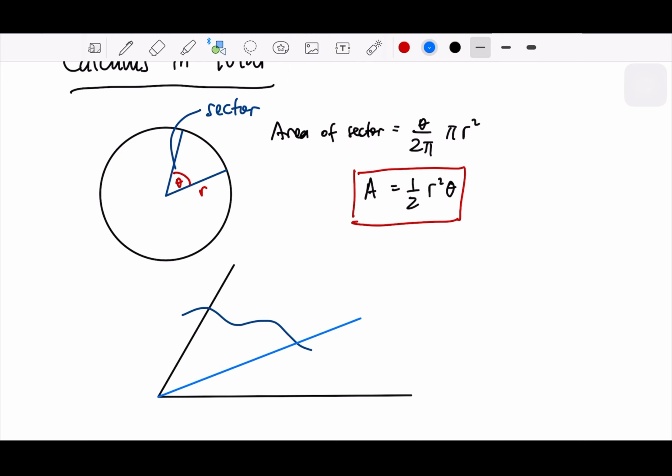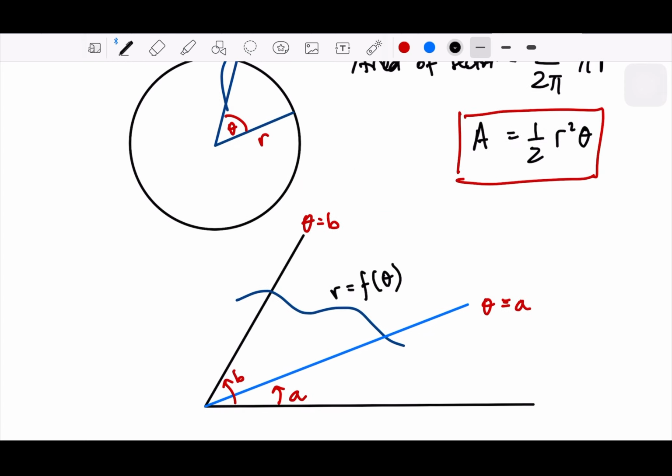We have angle from here, this is, let's say, A, and this is B. Or we can say the angle, this is theta equal A, this is theta equal B. And this is the curve r equal a function of theta. And the middle part is just our region.